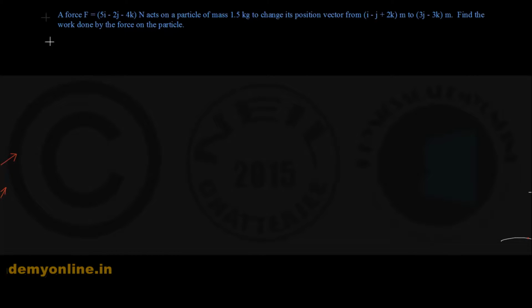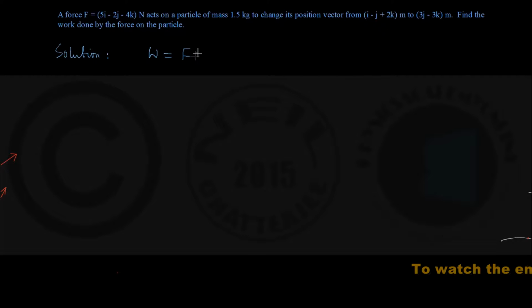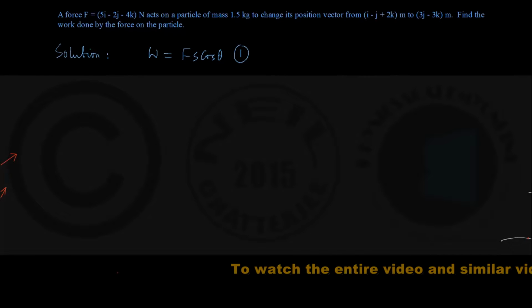So we have got two formulas learned recently, and let me write them and see which of them applies to do this problem. One definition was, of course, W is given by Fs cos theta. That I called equation number 1. Here you can understand that work is a scalar quantity, it has magnitude only.